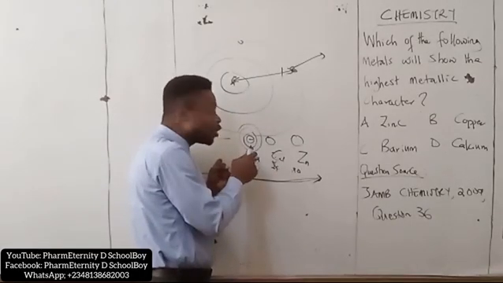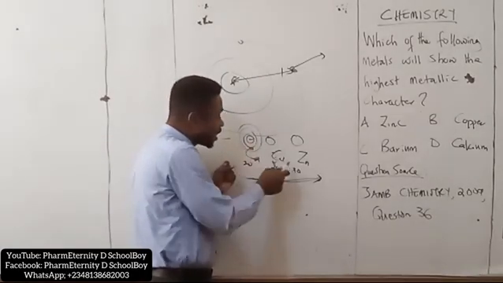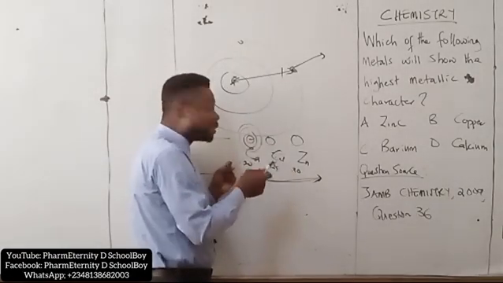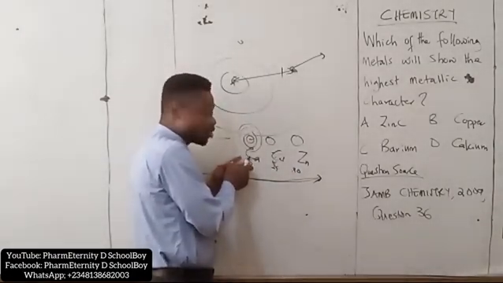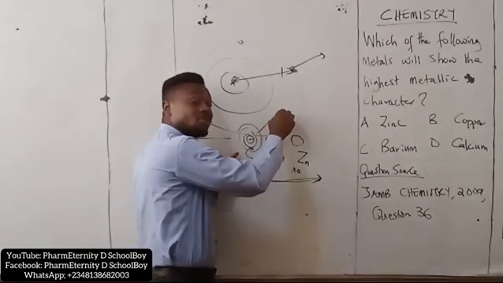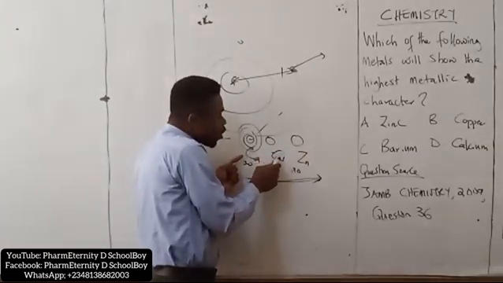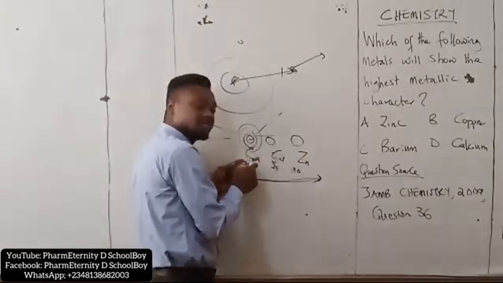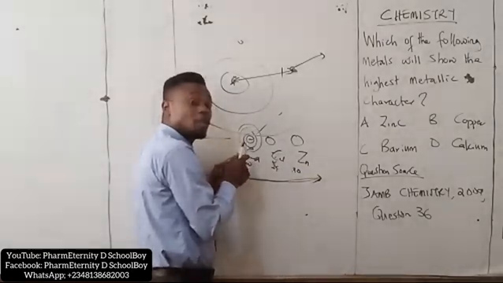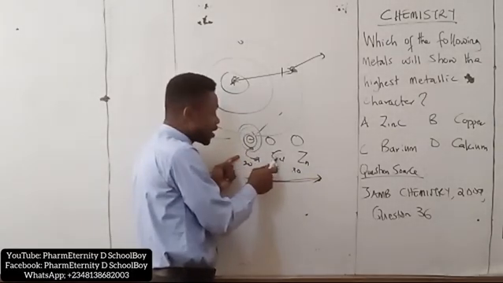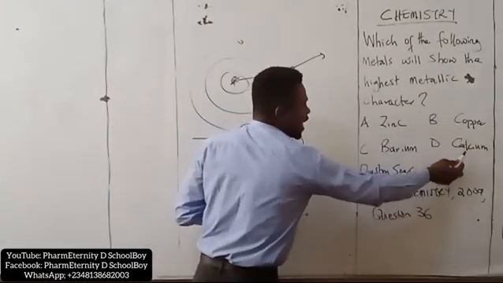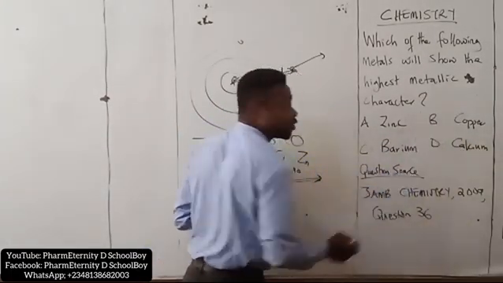So zinc and copper are less metallic than calcium, because calcium requires less energy for its outermost electron to go, while copper needs more energy than calcium and zinc needs more than copper. So calcium is more metallic than copper and zinc.